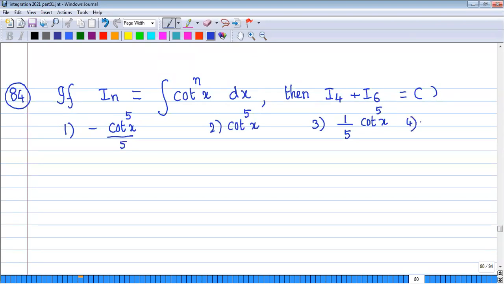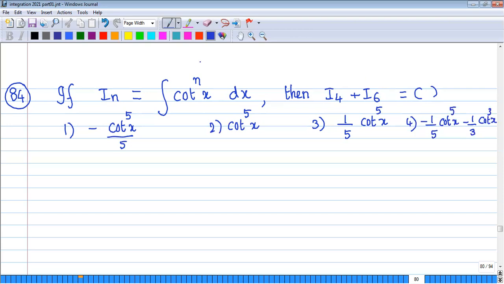Fourth, negative 1 upon 5 cot x to the power of 5 minus negative 1/3 of cot cube x. So here 4 and 6, highest is 6.